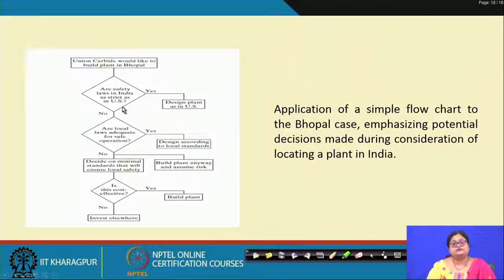Even if safety rules and laws in India are not that strict, nothing stops you from being proactive in implementing a high degree of safety in the plant that you are building in India.